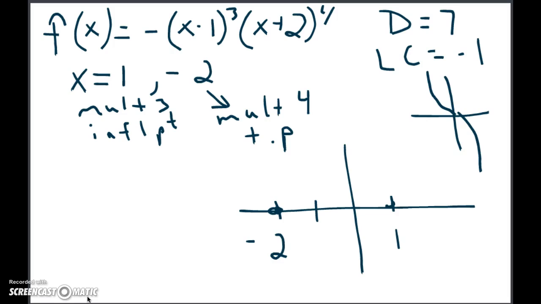And the end behavior, I know it rises to the left, falls to the right. Actually, I'm wrong. No, that's correct. Okay, so negative 2 has multiplicity 4, it's a turning point, so I know that it goes up and it comes down, and I have an inflection point here. So the graph looks like that.